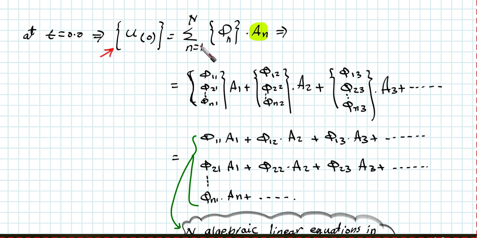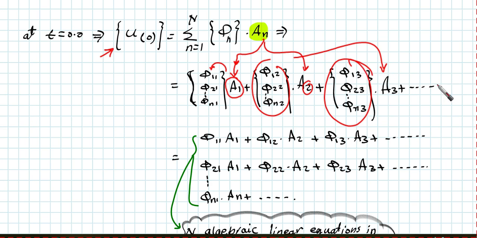If you look at this summation, it is going to give us something like this, which is phi 1,1, phi 2,1, until phi n1 times a1. Because this an is going to be a1 for the first mode shape, and then a2 for the second mode shape, a3 for the third one, and an for the nth mode shape, and so on.